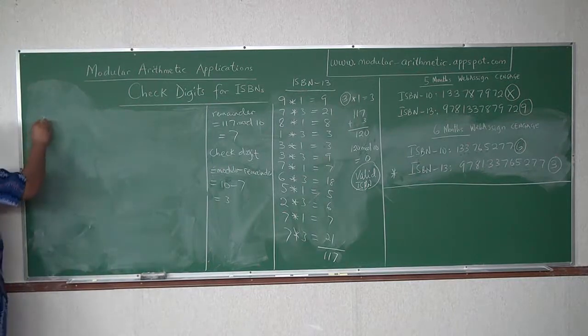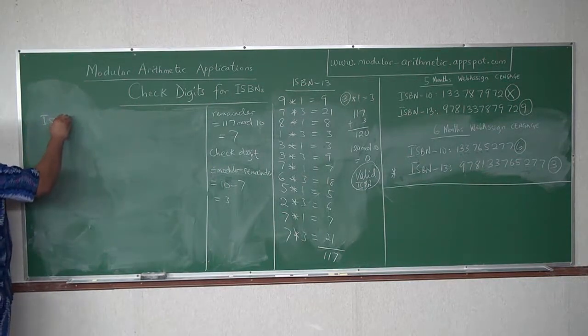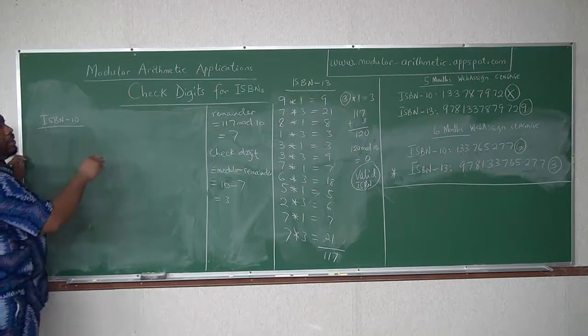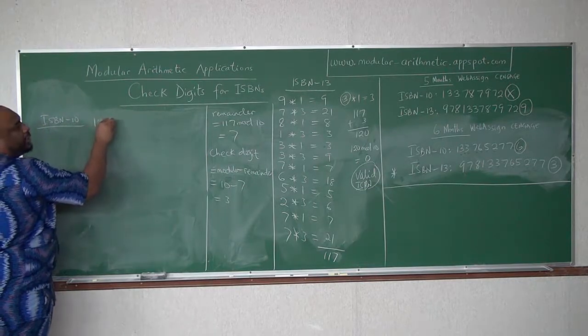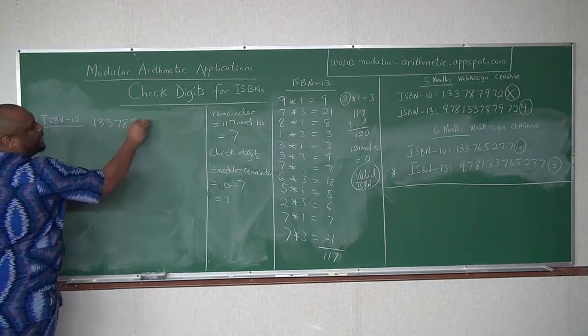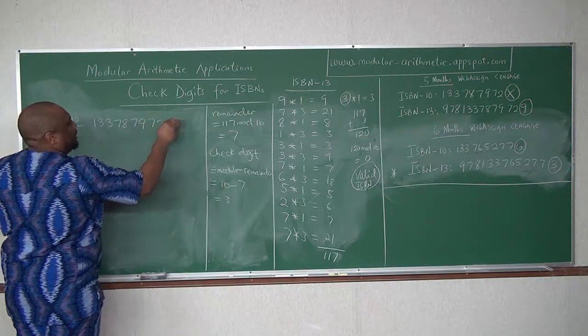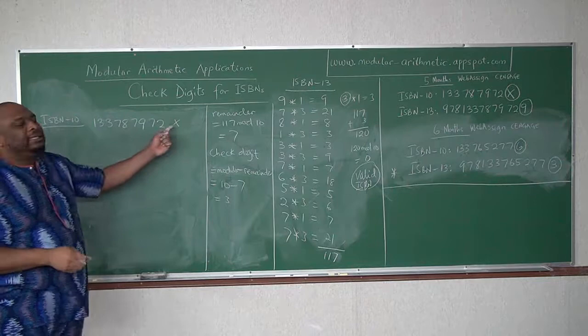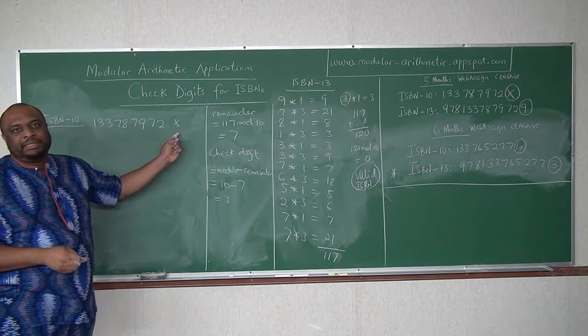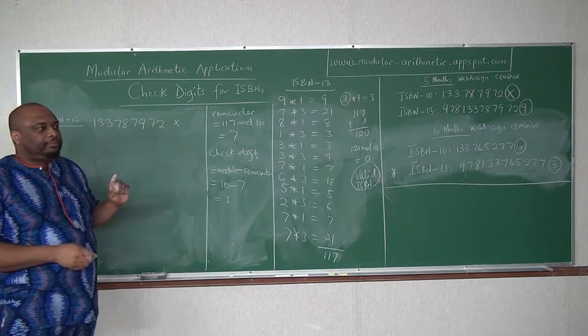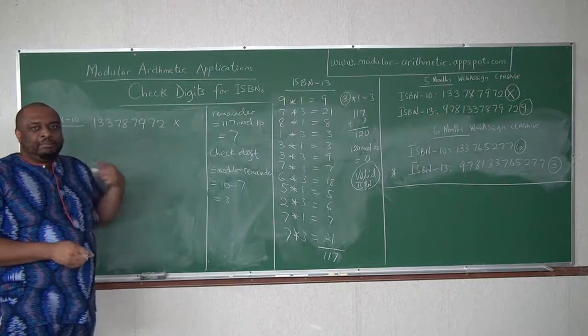So for ISBN 10, 1, 3, 3, 7, 8, 7, 9, 7, 2, X. Okay, so we got this as 10, and this is mod 11.